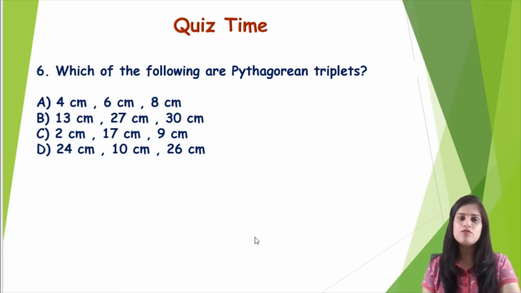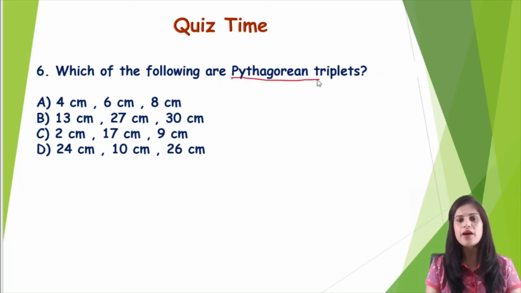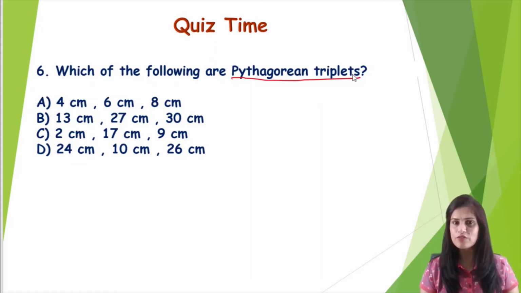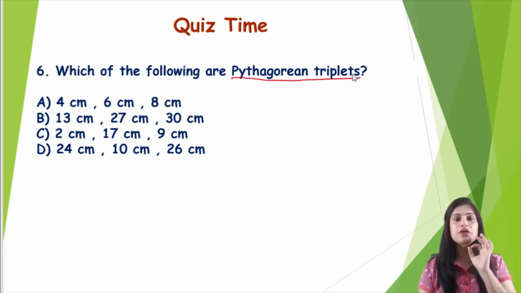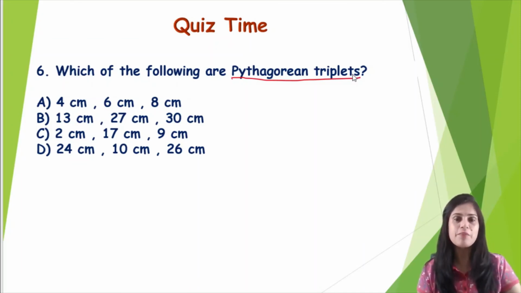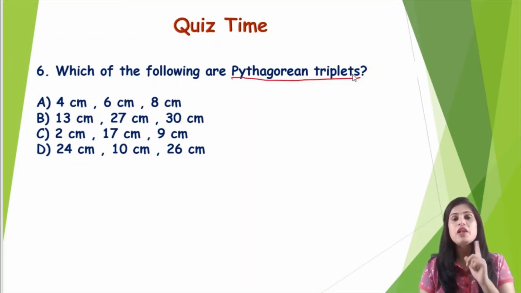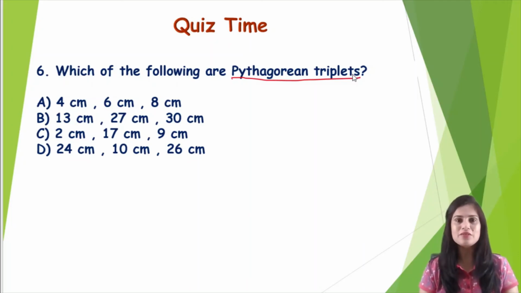Question 6. Which of the following are Pythagorean triplets? Do you know what are the Pythagorean triplets? According to Pythagorean triplets, there are three numbers. Triplets means three numbers. The numbers are considered Pythagorean triplet only when they are following the relation in such a way that square of largest number is equal to sum of square of other two numbers, same like Pythagoras theorem, right?